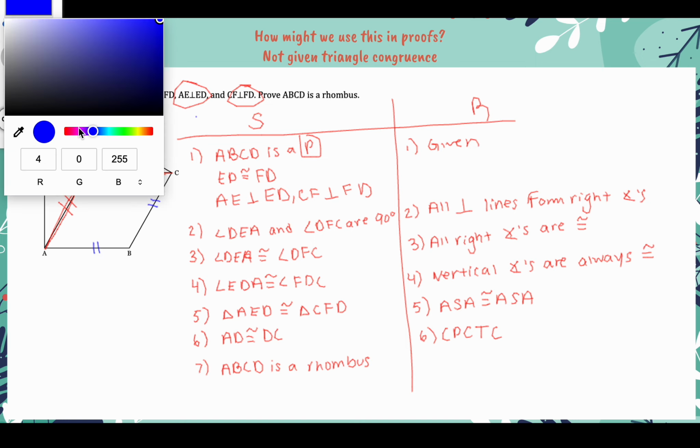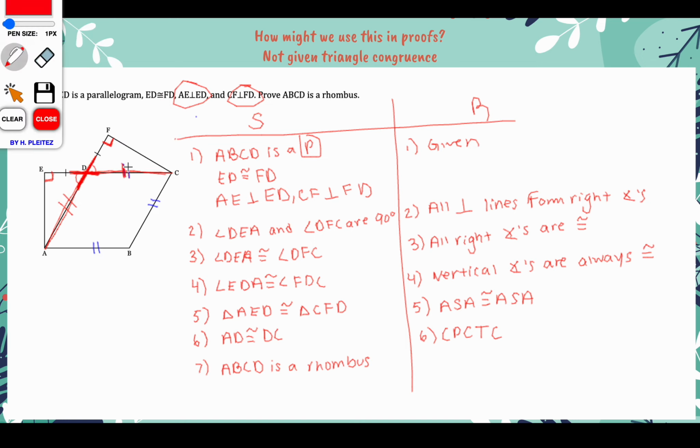So you can go the whole logic of saying all that, but you can go ahead and just say ABCD is a rhombus, and your reasoning is because a parallelogram with adjacent sides congruent is a rhombus.